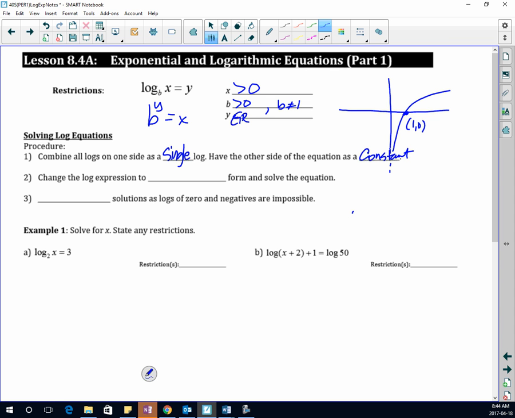Then we're going to undo logs, right? This is a process of algebra. We're undoing things. So how do you undo logs? Exponentialize. So we're going to change it to exponent form and solve the equation. And we need to reject solutions as logs of 0 and negatives are impossible. Everybody got that?